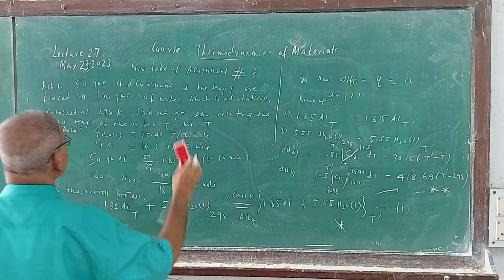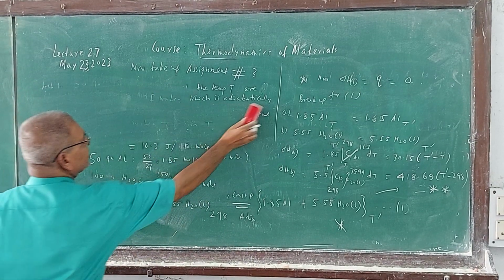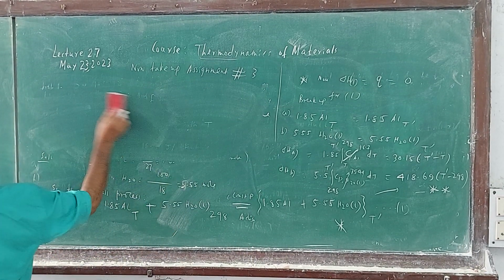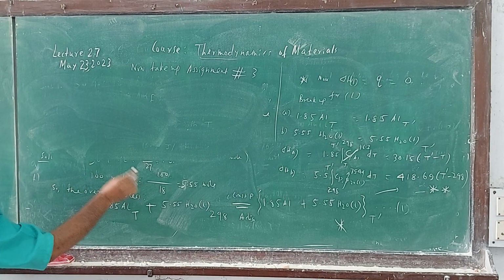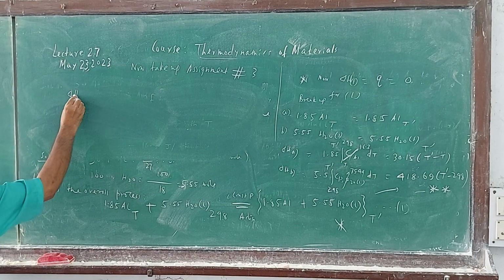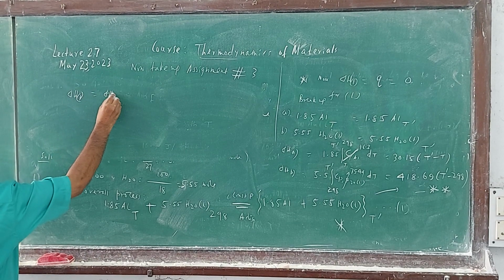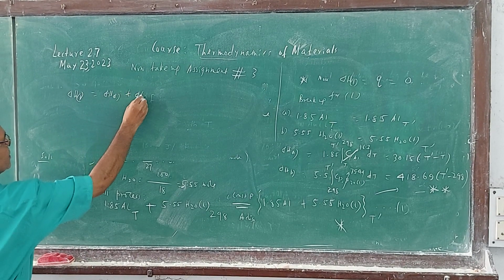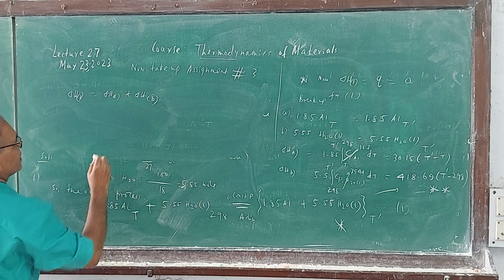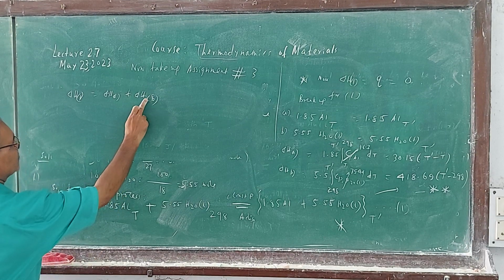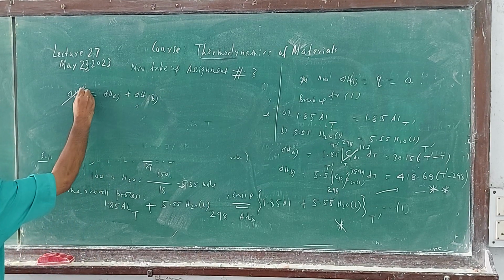Now we remove the problem. The overall delta H1 is the breakup delta HA plus delta HB, because you clearly see this is A, B. This is what you have already seen, 0.